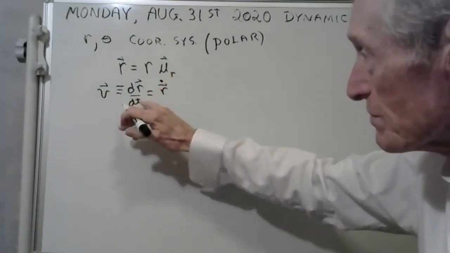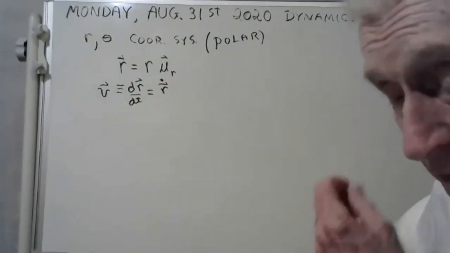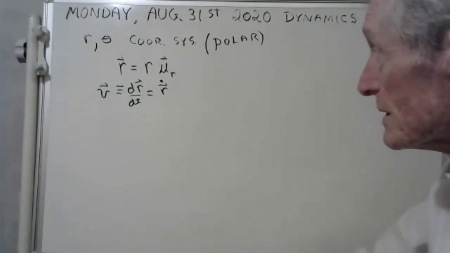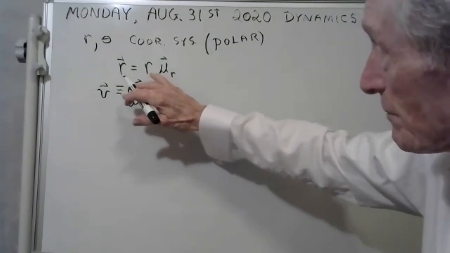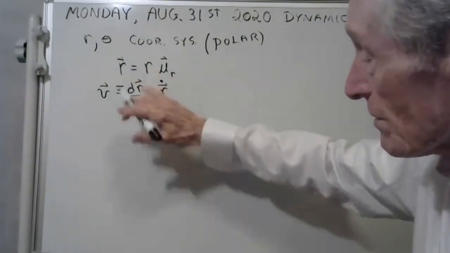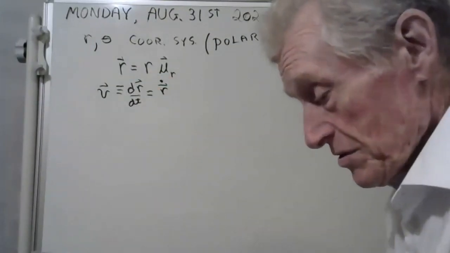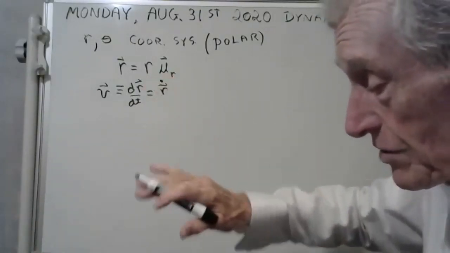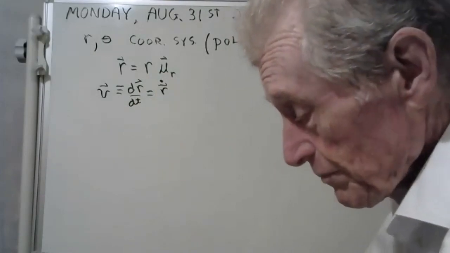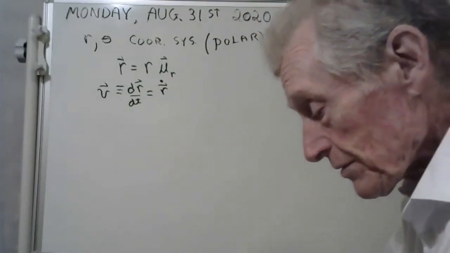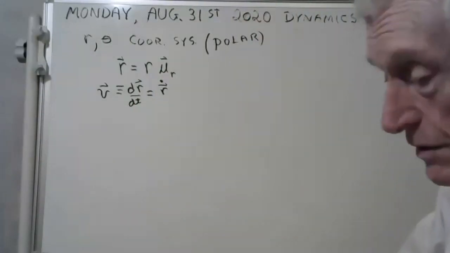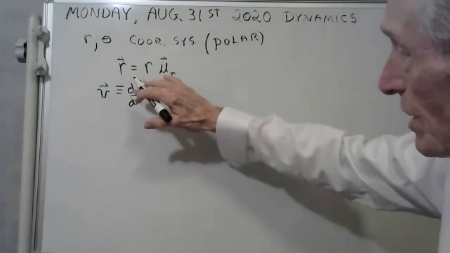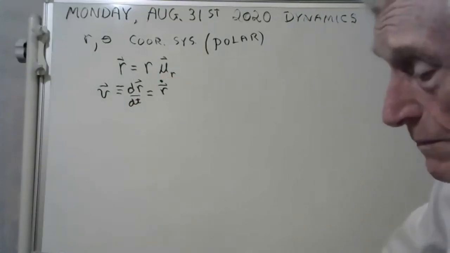That dot just means the first derivative with respect to time. But see, this is a product. That R changes as the airplane or whatever is moving, and its radial unit vector changes depending on where this airplane's flying around.